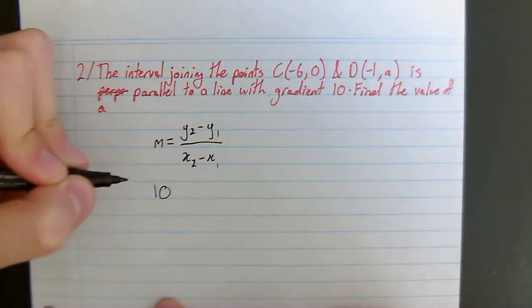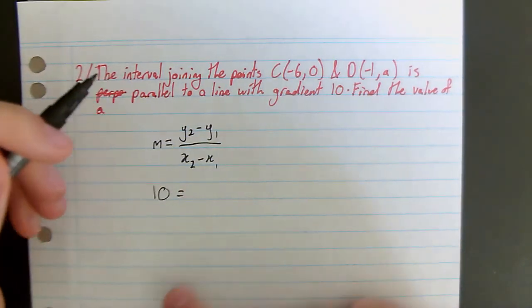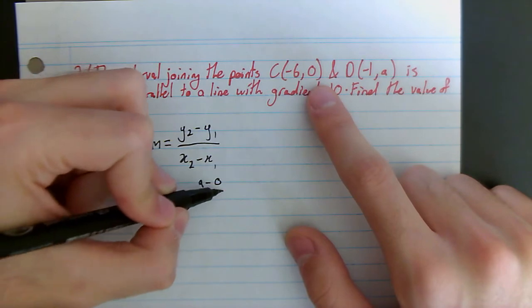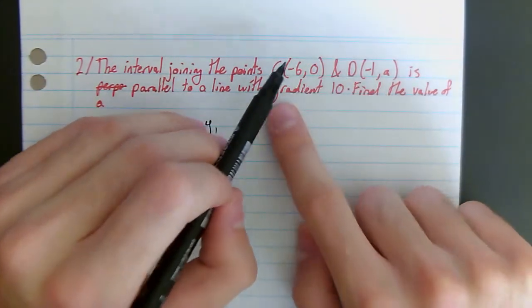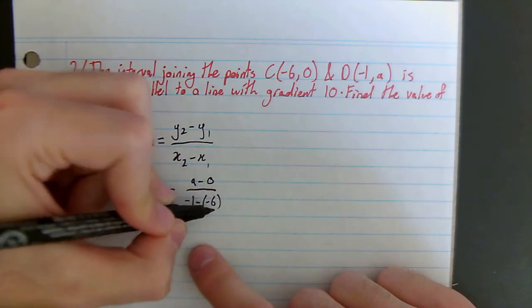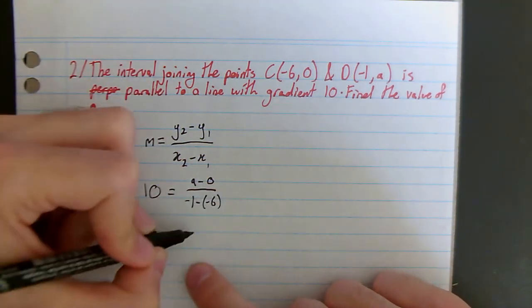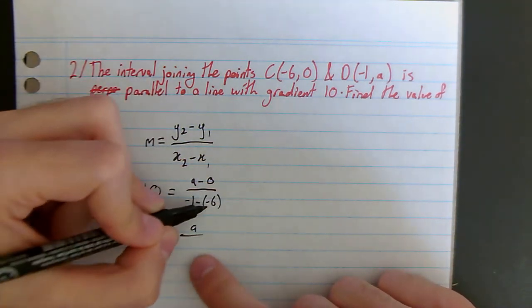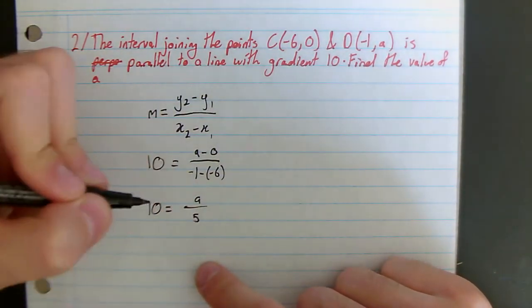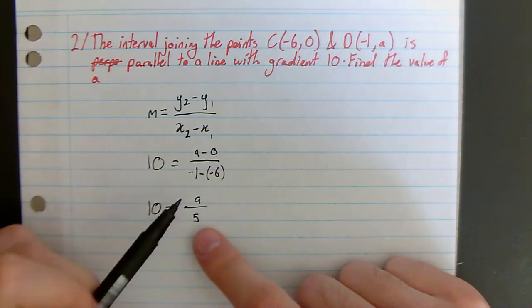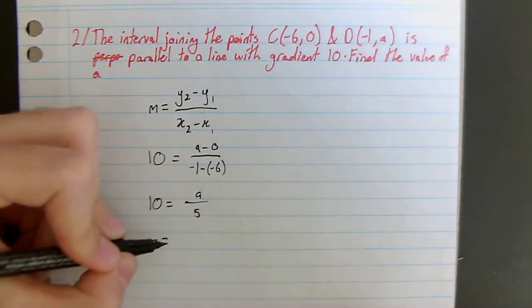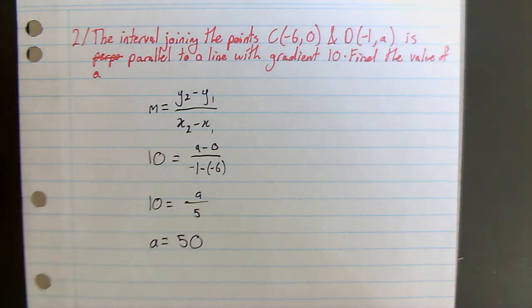So 10 is equal to y2 minus y1, which is a minus 0, over x2 minus x1, which is minus 1 minus minus 6. So 10 is equal to a over minus 1 plus 6, which is 5. Then multiplying by 5 on both sides to get a, which is 50.